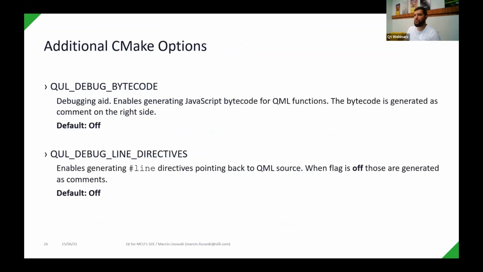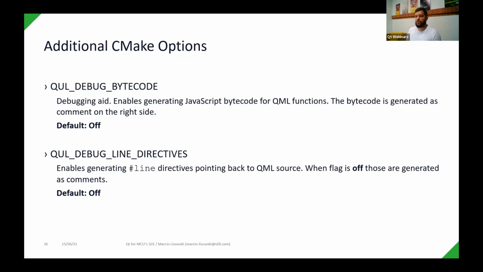There are some additional CMake options, for example, for debugging. So you can enable the bytecode by just defining the debug bytecode variable, and this enables JavaScript bytecode generation, and then it will be generated as a comment to the right side of the artifact files.